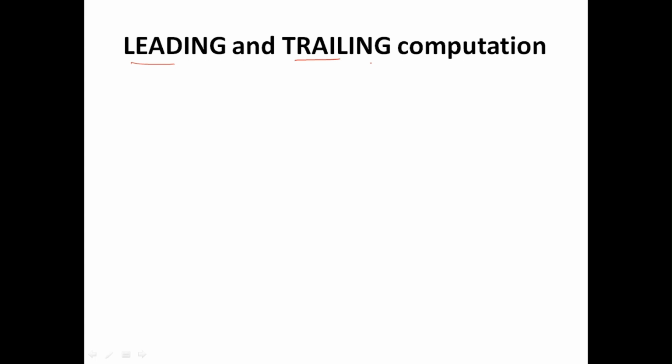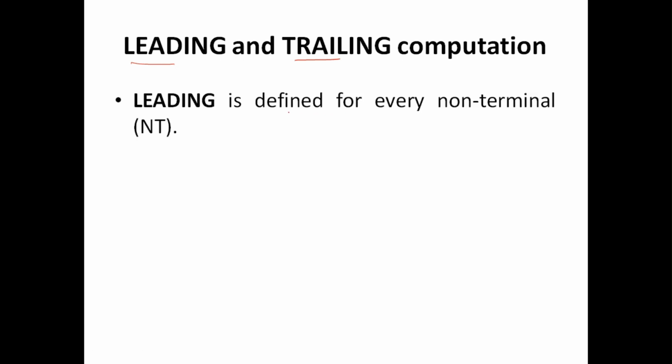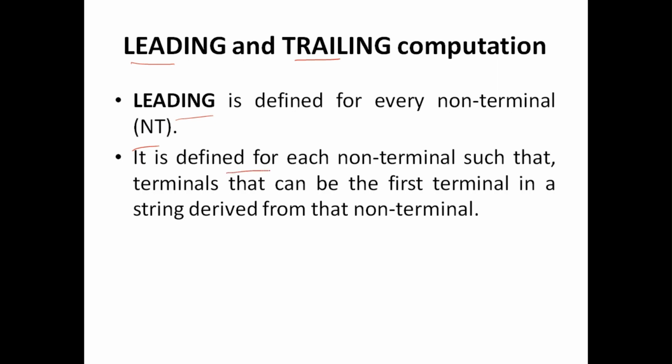So let us start by computing leading and trailing. What exactly do leading and trailing mean? They are defined for every non-terminal. Leading is the set of terminals that can be the first terminal in a string derived from that non-terminal.